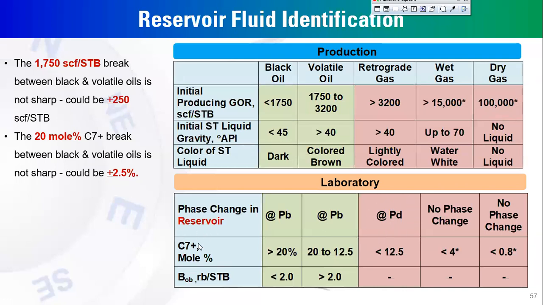Also C7 plus in mole percentage is another indicator for the reservoir fluid type, and in this direction the amount of C7 plus in the well stream will be much lower relative to the black oil.